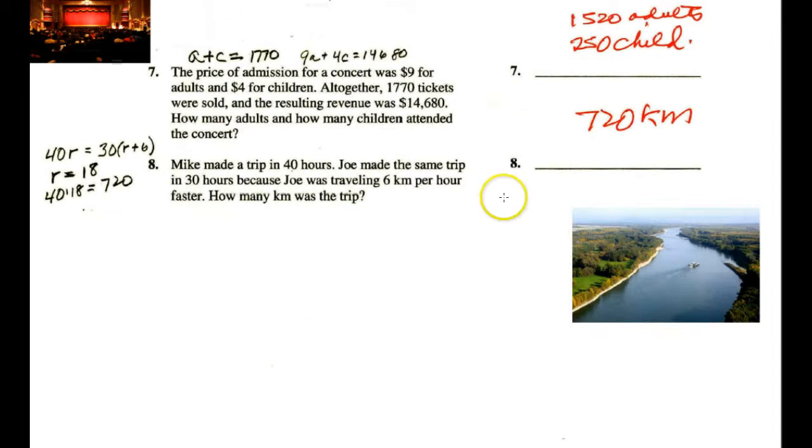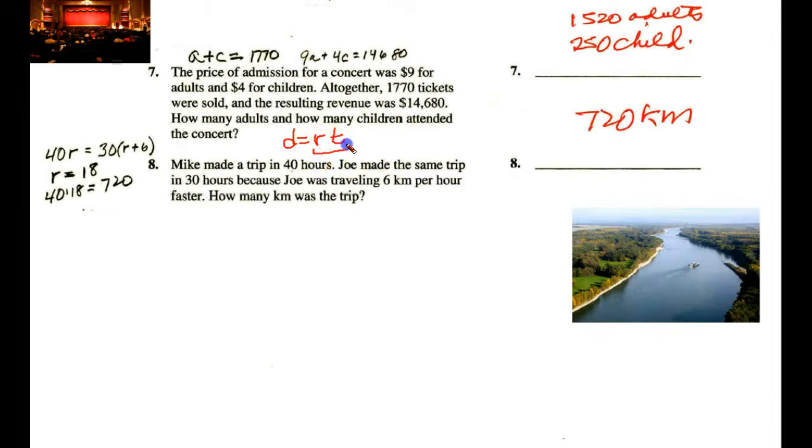Okay, let's take a look at the next one. We have a trip that Mike makes in 40 hours. Joe can make the same trip in 30 hours. Joe was traveling 6 miles per hour faster. How many kilometers was the trip? Okay. Well, we're going to use basically the formula distance equals rate times time.